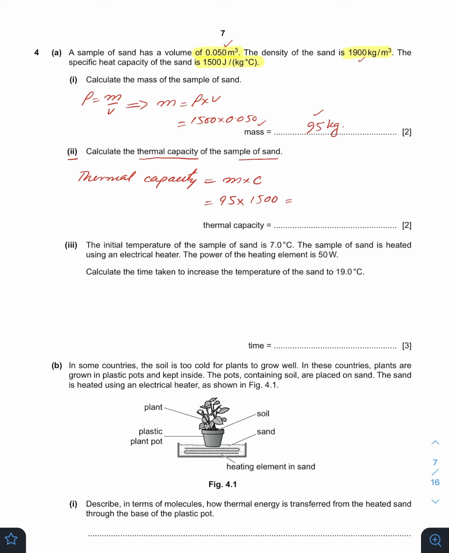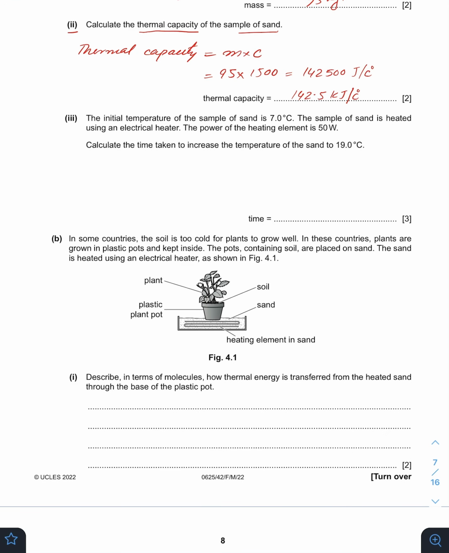Answer according to my calculator: 142,500 joule per degree Celsius. I can write it 142.5 kilojoule per degree Celsius.